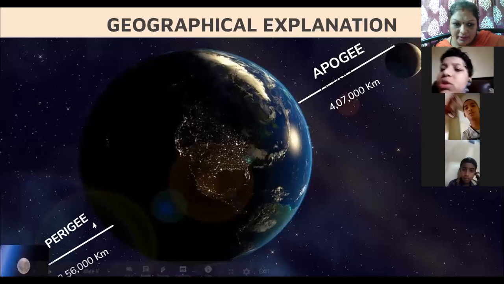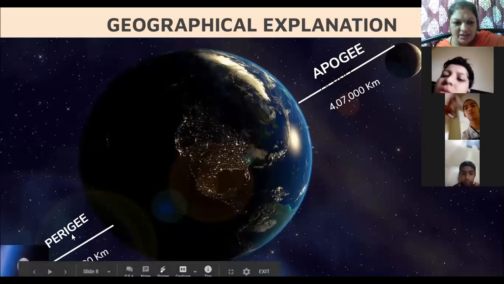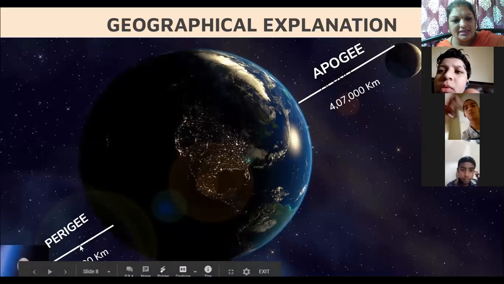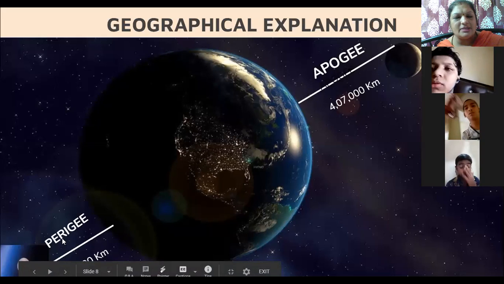And when the moon is closest to the earth, the distance is very less. Closest to the earth, that position is known as perigee.